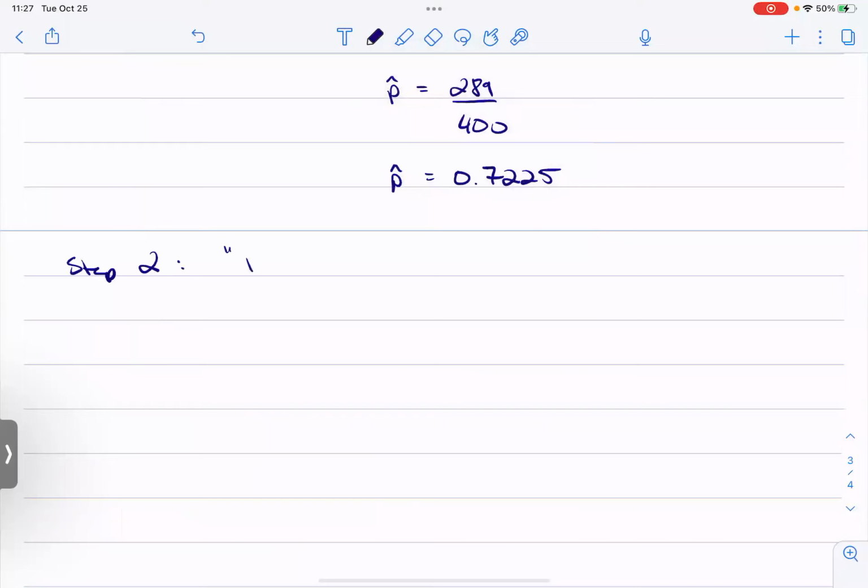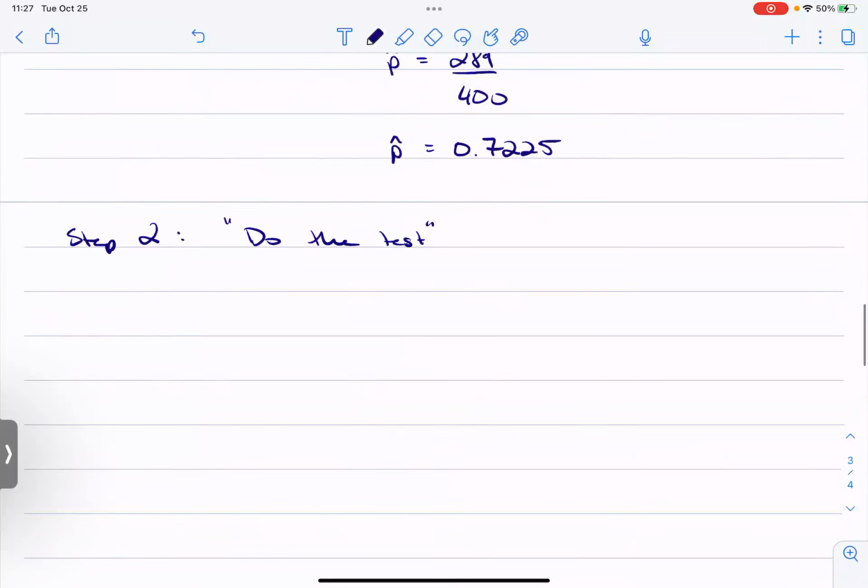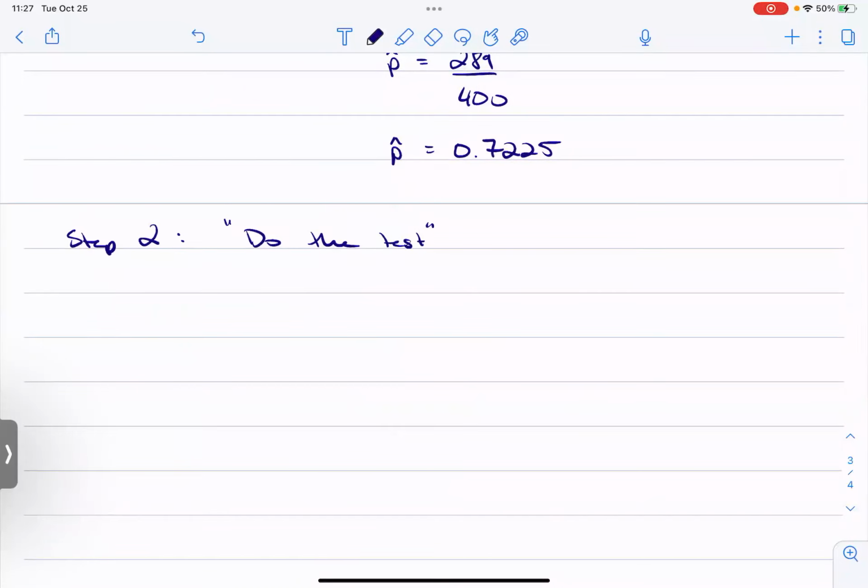Do the test. Or if you want to be boring about it, you can say calculate the test statistic. But I really have a hard time saying test statistic, so I tend to avoid it. Calculate the test statistic.